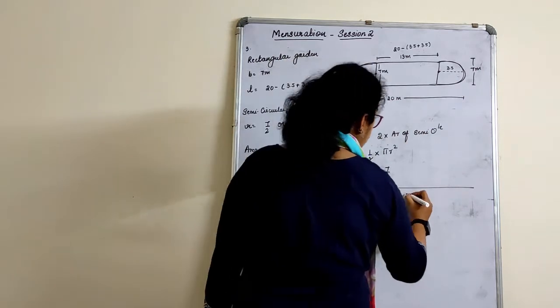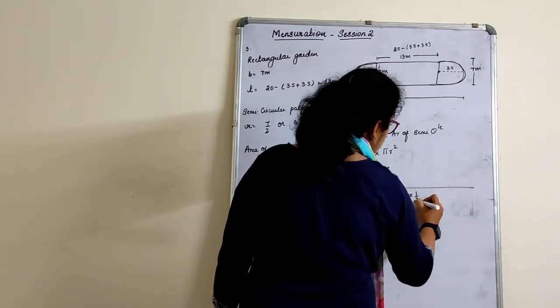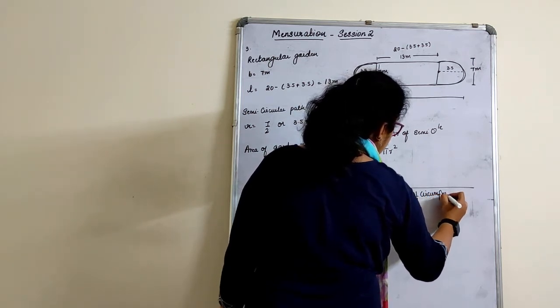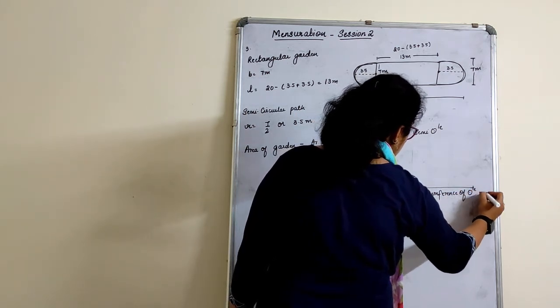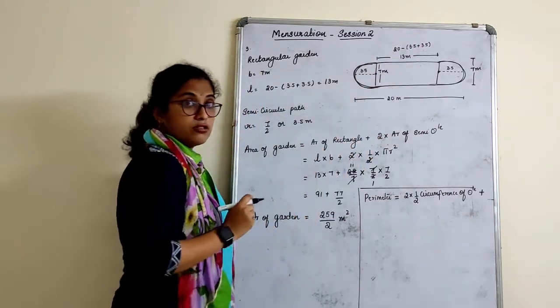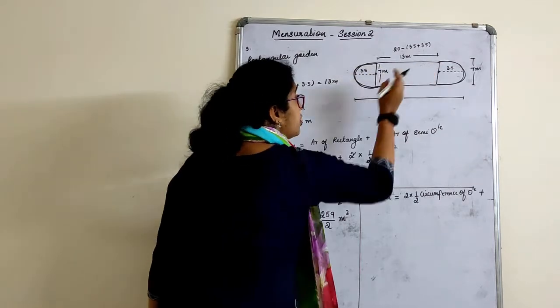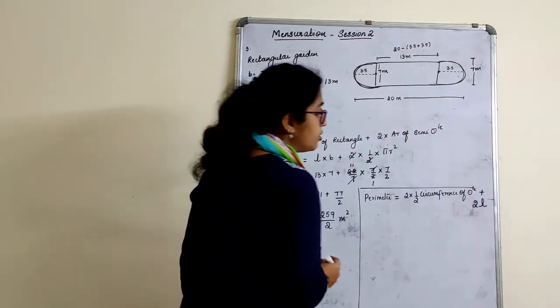So what I have to write? 2 into half circumference of circle plus, should I add this breadth also? No, only outer part I am checking. Then this part will not come. Then what will come? 2 times of only length will come.